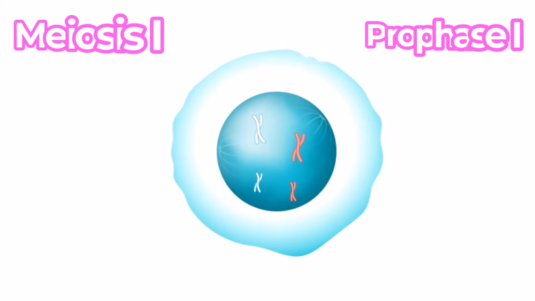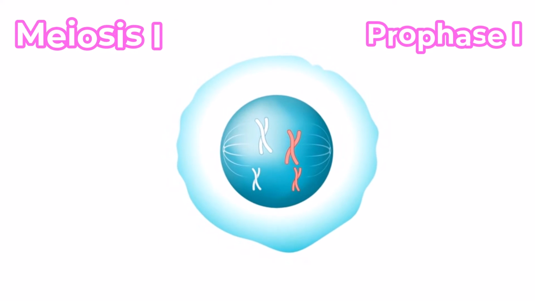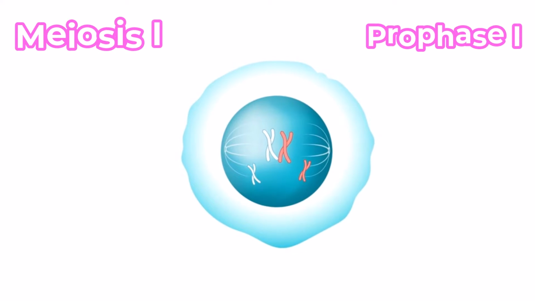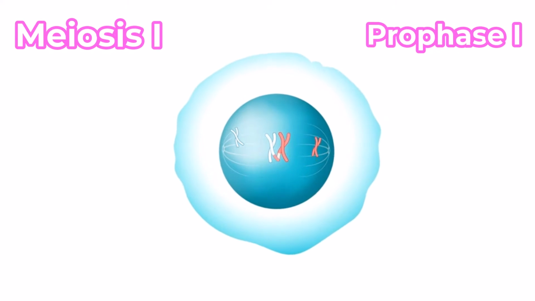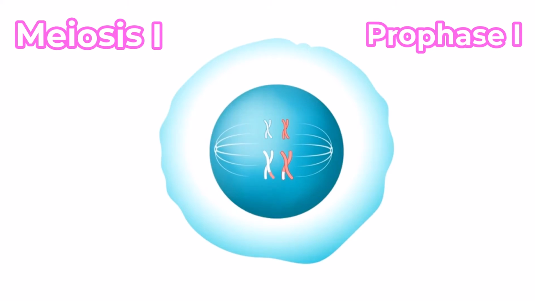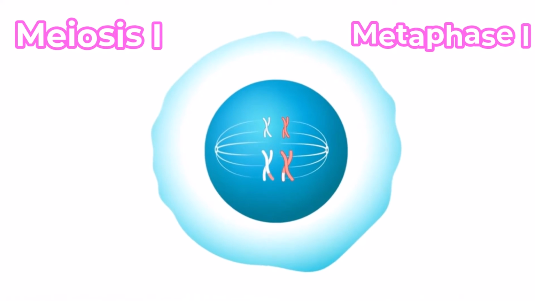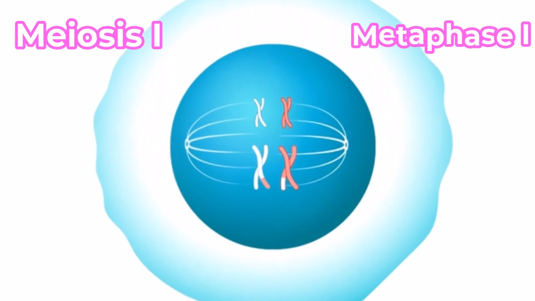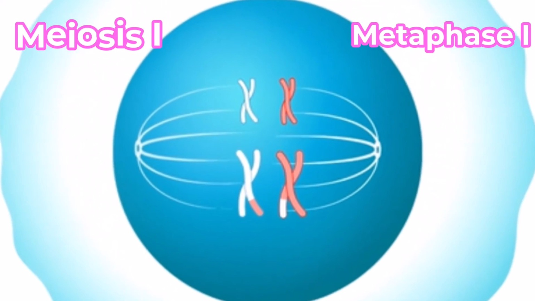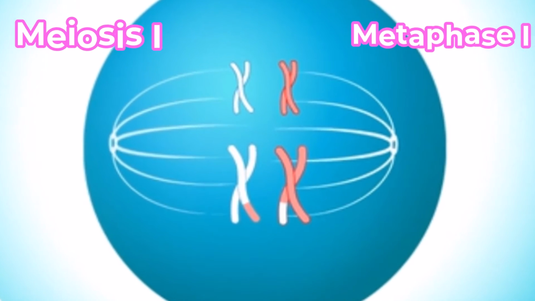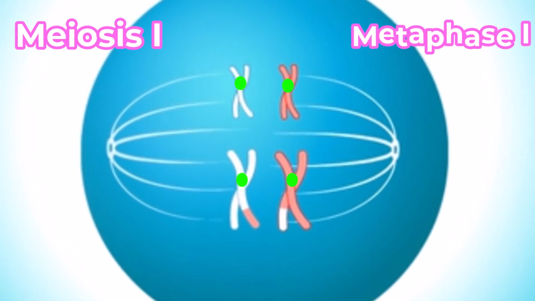As prophase 1 continues, the chromosomes coil up further and a spindle forms. Homologous chromosomes are moved towards the center of the cell. At metaphase 1, homologous pairs are aligned in the middle of the cell. The sister chromatids of each chromosome are still attached at their centromeres.